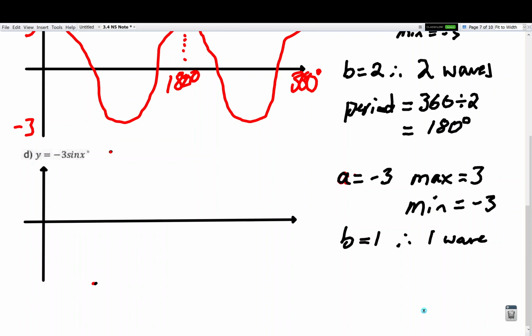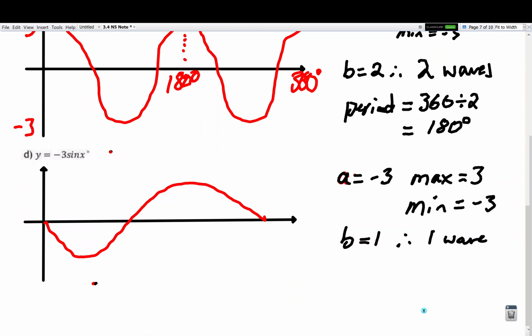So it's a sine curve, so we're starting at 0. Rather than going up to its maximum, we're going to go down to its minimum, back to the x-axis, up to the maximum, and return to the x-axis to finish one full wave. Okay, there's your sine curve.